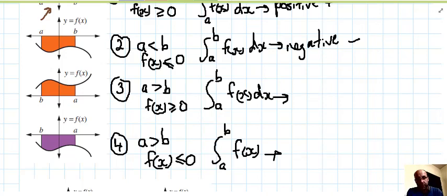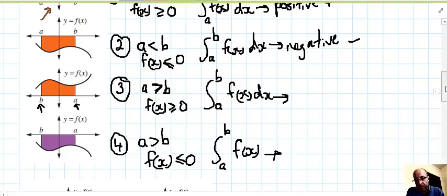In the next one, if you look closely, the limits have been swapped around, so in number 3 a is now greater than b, and that's different. We've reversed the limits, and the graph is still above.